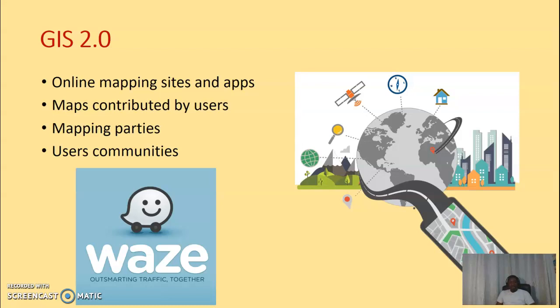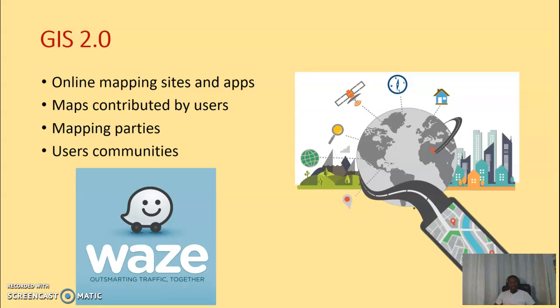These maps are contributed by the users themselves, so they are not provided by companies, but built by the users who provide information concerning their streets and their communities.